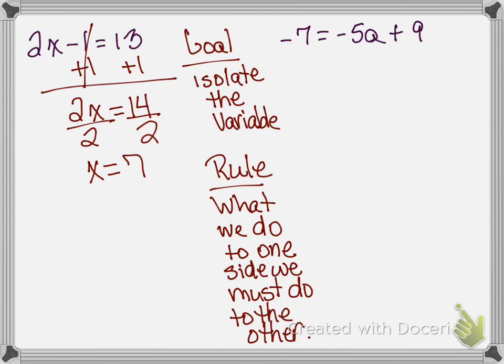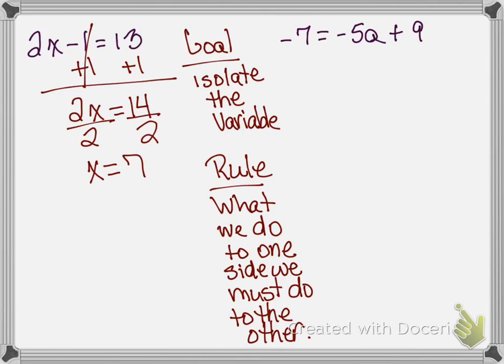Now, a very good habit to get into in algebra in general is checking. Okay? Now, we're not going to check every one of these problems today because of time, but I do want to remind you how you check these problems.